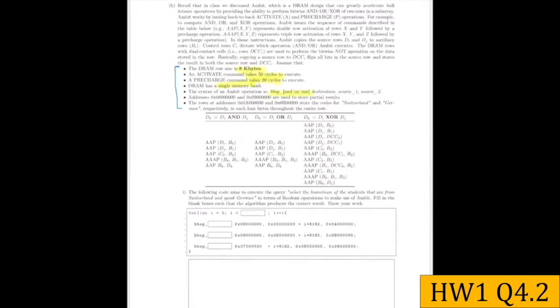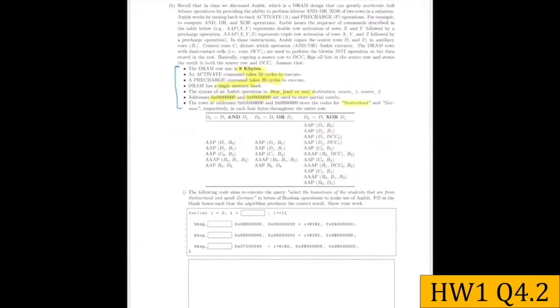You have the destination array, then the addresses of some rows in the subarray that are used to store partial results, and then the row addresses that store the constants that you're going to compare with.